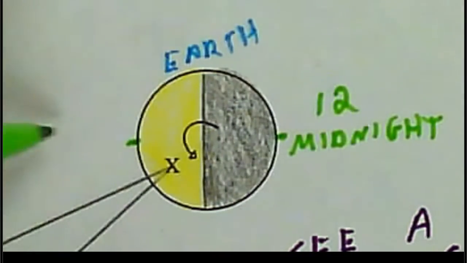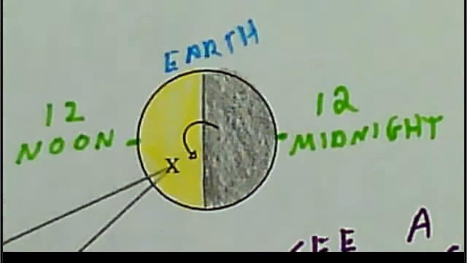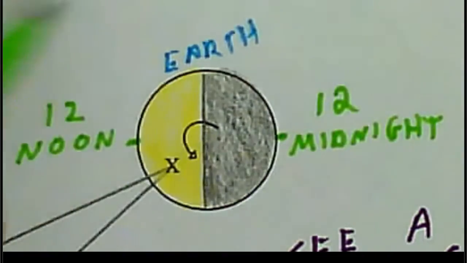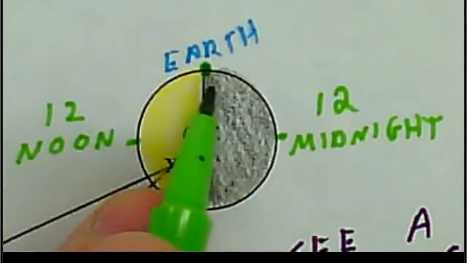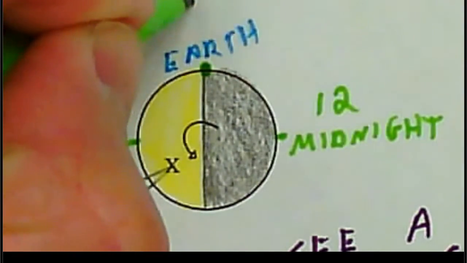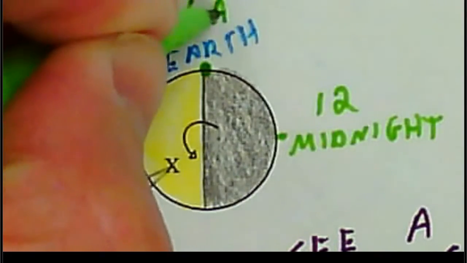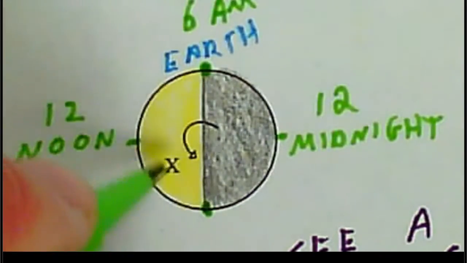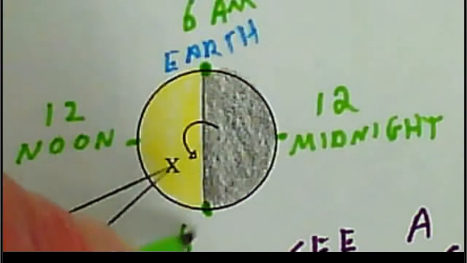This is the middle of the day, or what we call 12 noon. Since we're rotating around this way, this point right here is where we go from night into day. That's the morning, so that point would be 6 a.m. This point down here, as we rotate from day to night, would be 6 p.m.